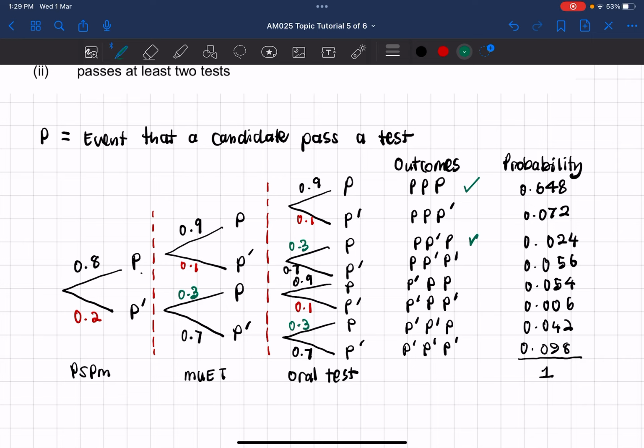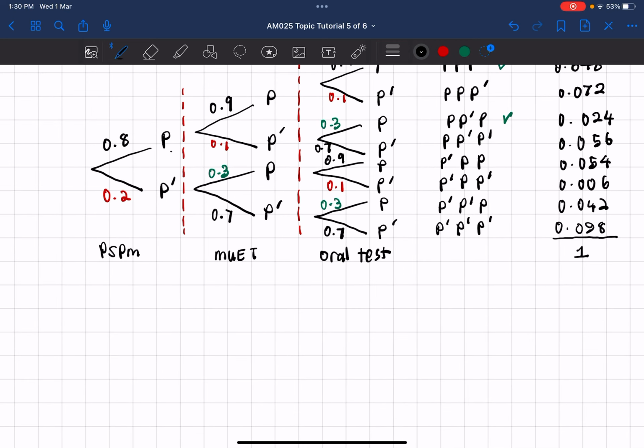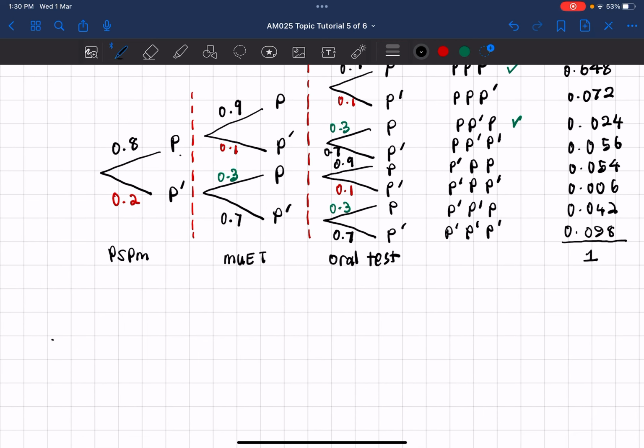Now let us write down the first question: passes PSPM and oral test, where he is going to pass the first and the third test. So it's either he is going to fail or pass the second test.